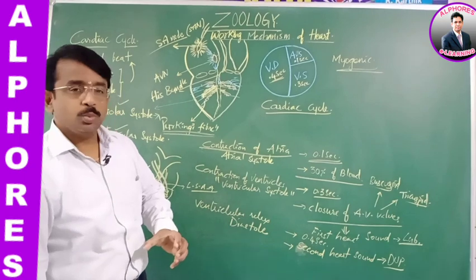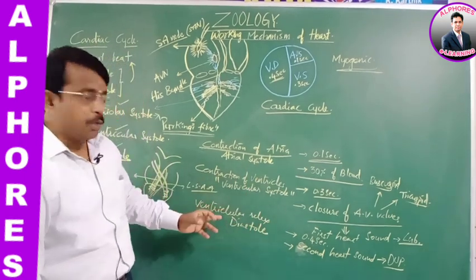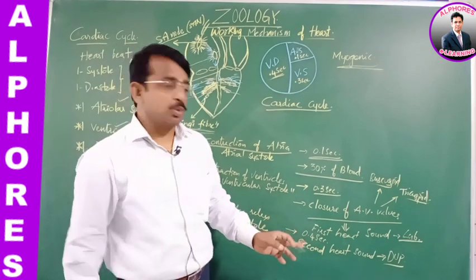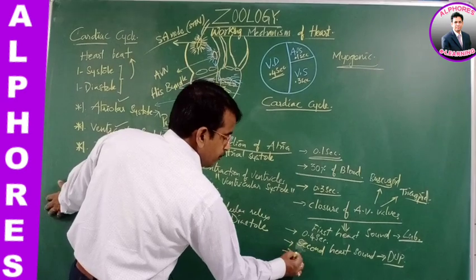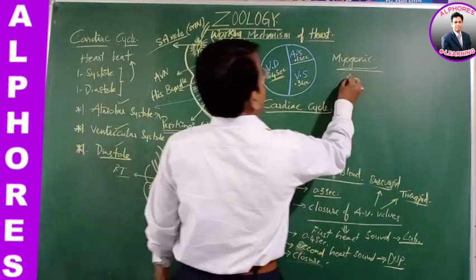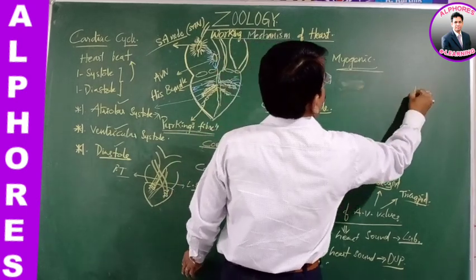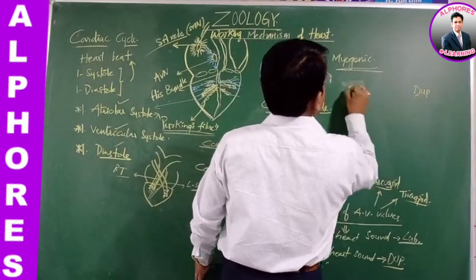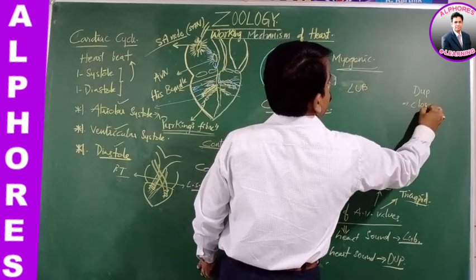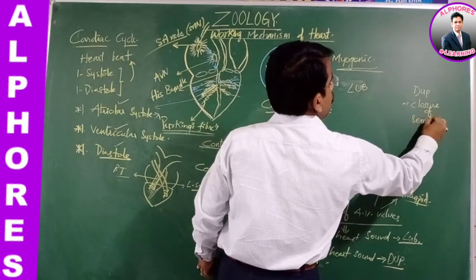So the second heart sound is the dup, produced during the ventricular diastole, and it is due to the closure of the semilunar valves.